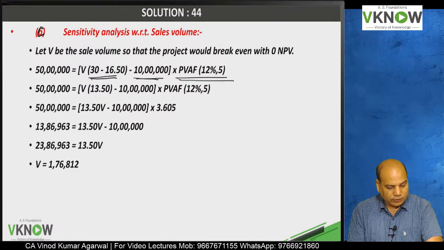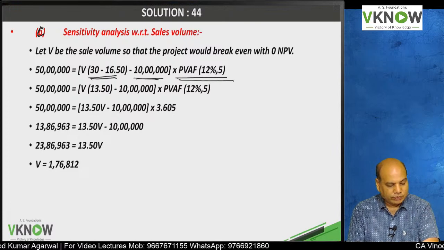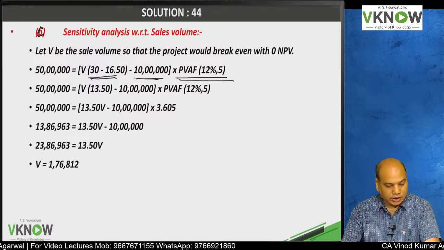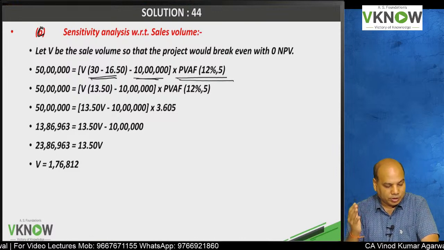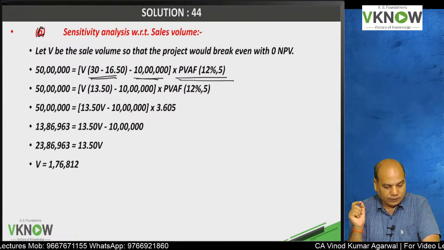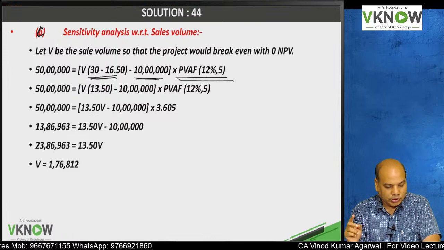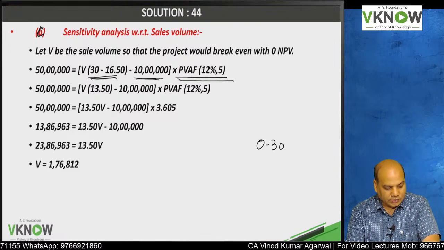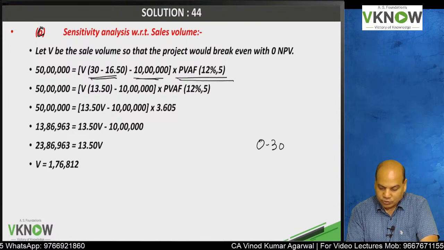The sales manager of Unnat Limited suggests that sales volume could depend on expected economic states, which could be assigned the following probabilities.